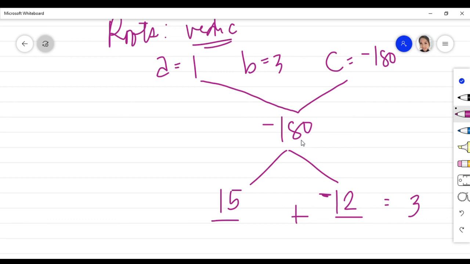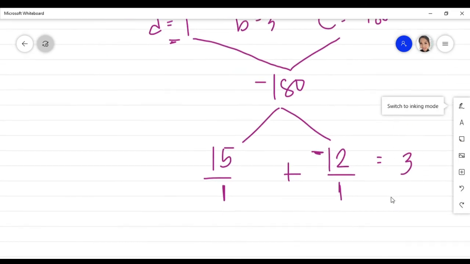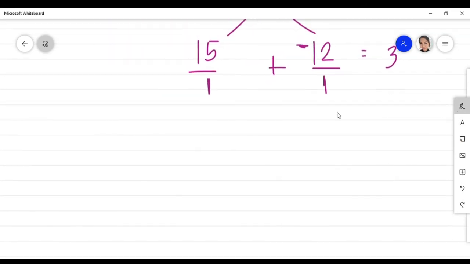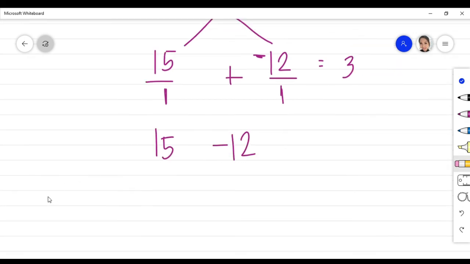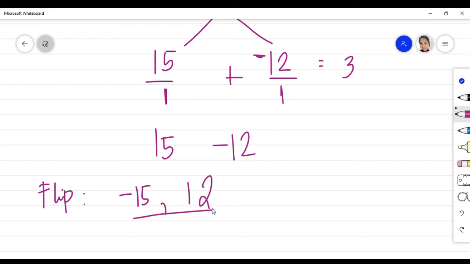So the next step is to divide each number by 1, because our A is 1. 15 divided by 1, and negative 12 divided by 1, so that is 15 and negative 12. Do not forget to flip the numbers or change their sign. So this is negative 15, and negative 12 becomes positive 12. So these are our roots.